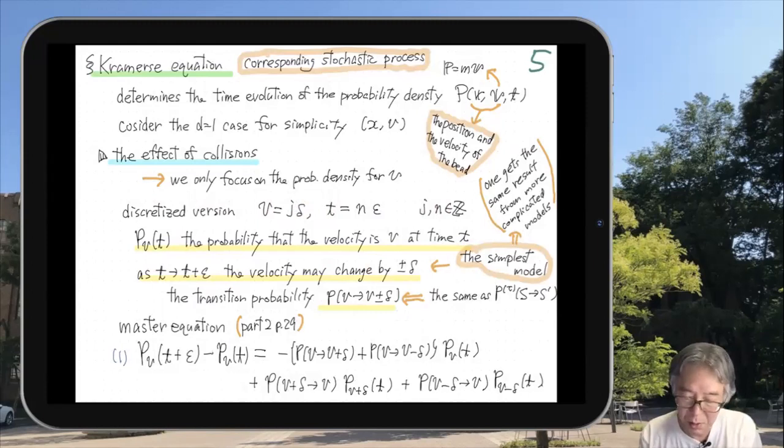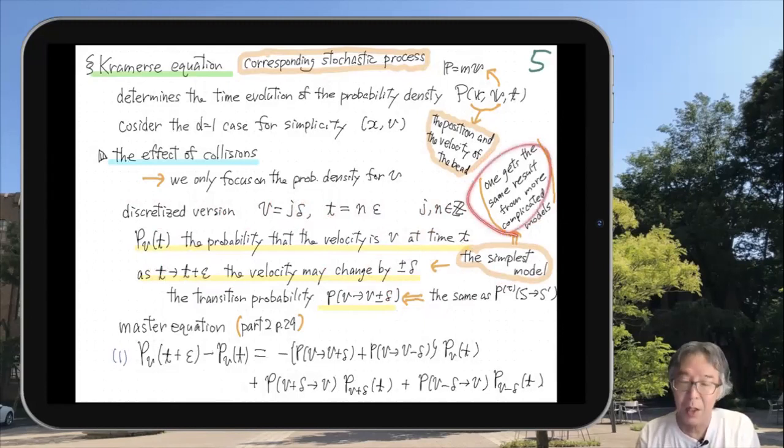Okay, so I know that this is very simple and too simple. And you might wonder, why doesn't it change by plus 2 delta or minus 3 delta? Yeah, that's possible. You can consider a much more complicated model in which V can change by like 50 times delta with some probability.